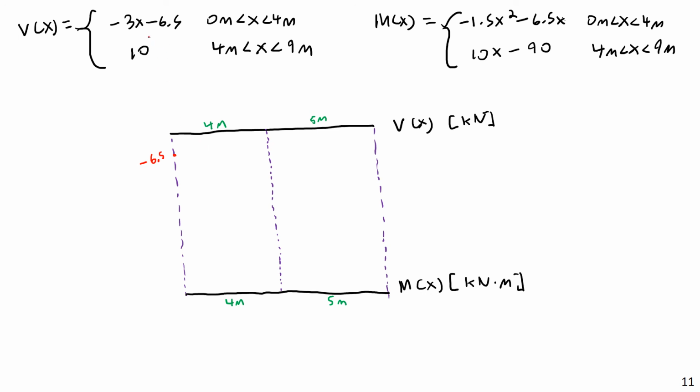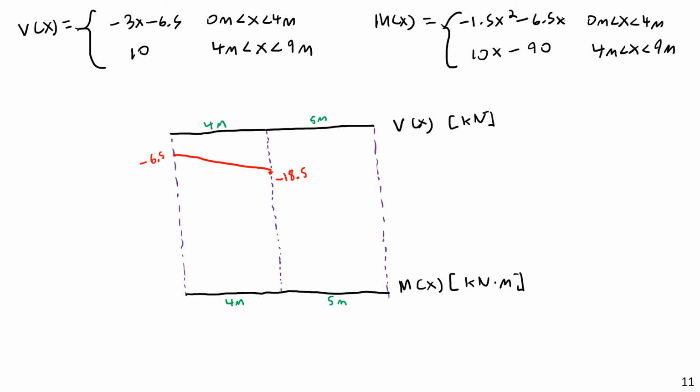And then when I put in 4, that's going to be negative 18.5. So again, if I put in 0, I get negative 6.5. And if I put in 4, I get negative 18.5 in this first region. So we have a linear equation from 0 to 4. And it's going to drop from negative 6.5 down to, if I can manage to draw a straight line, down to negative 18.5.